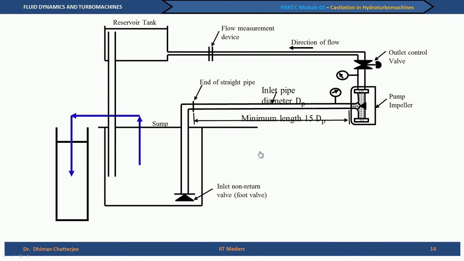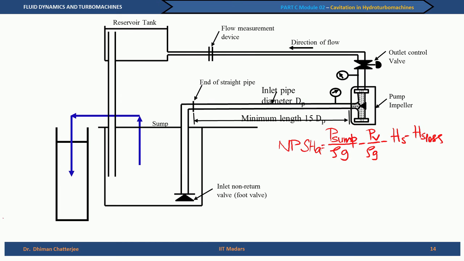And let us recollect the NPSH available expression once again. It is P sump by rho g minus P v by rho g minus H s minus H s loss.